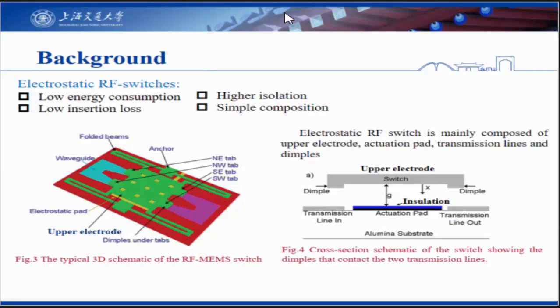When enough bias voltage is applied on the electrodes, the upper electrode will move toward the actuation pad, and the impulse on each end will contact the transmission line and turn on the signal line.